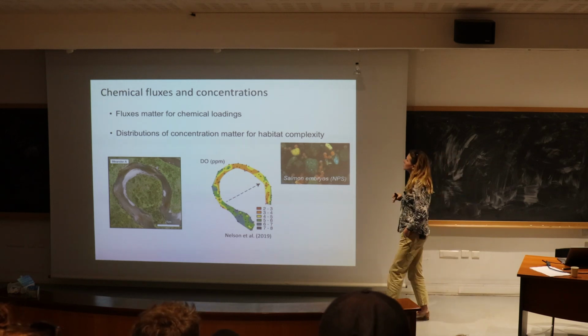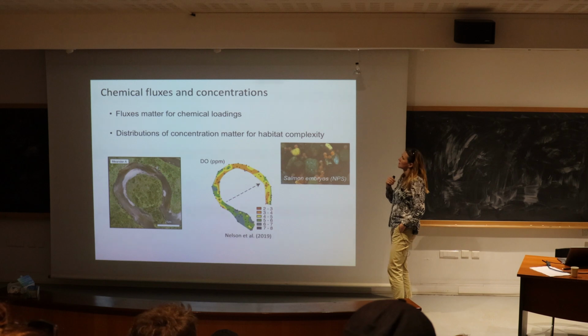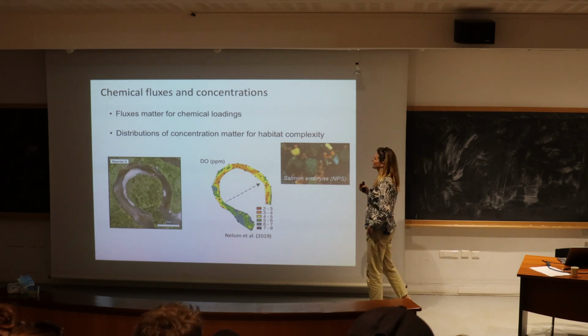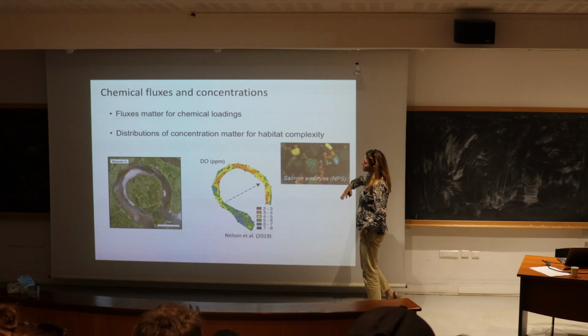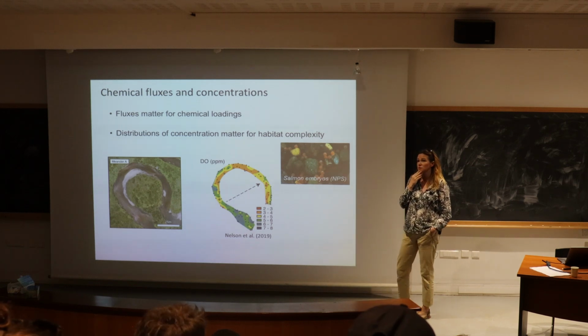So let's take you now to the field for an example of why the chemical fluxes matter. The chemical fluxes are something that we think about in terms of not just how much solute is moving across the bed, but we also want to know how heterogeneous that distribution is because it affects habitat complexity.